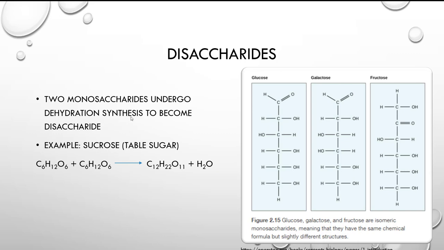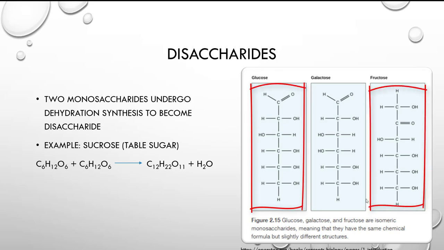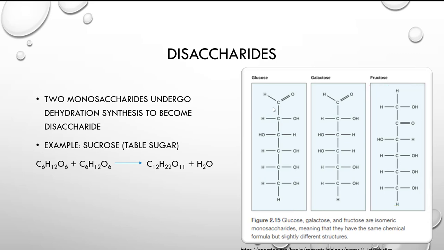So think dehydration: we remove a water molecule to bring the monosaccharides together. We're taking these molecules and bringing them together. In the process, we remove a hydrogen here and a hydroxyl here and stick them together.